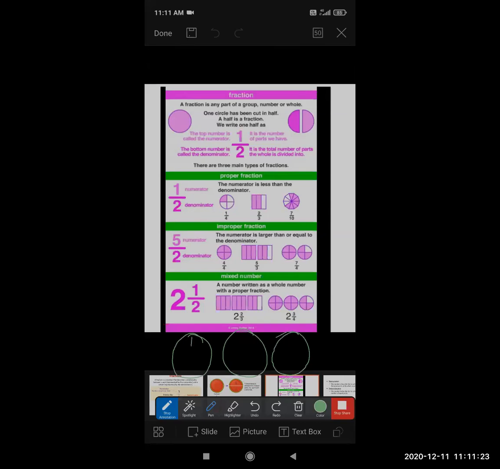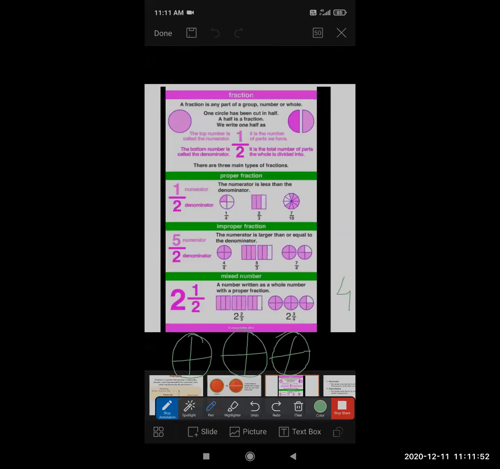In the three circles, I'm going to make equal parts. In each circle, how many equal parts are there? First of all, count it. That is 4. Correct?